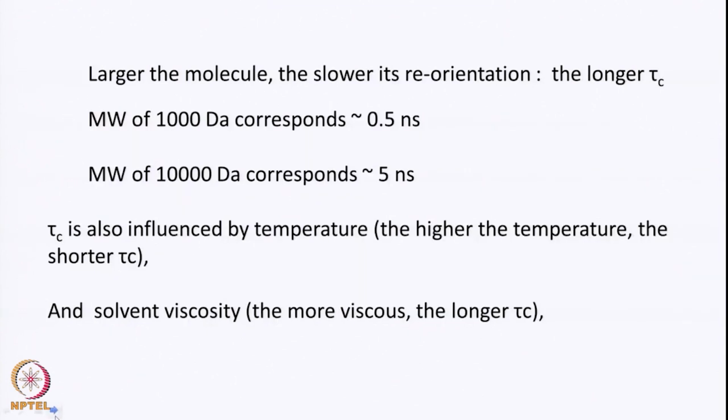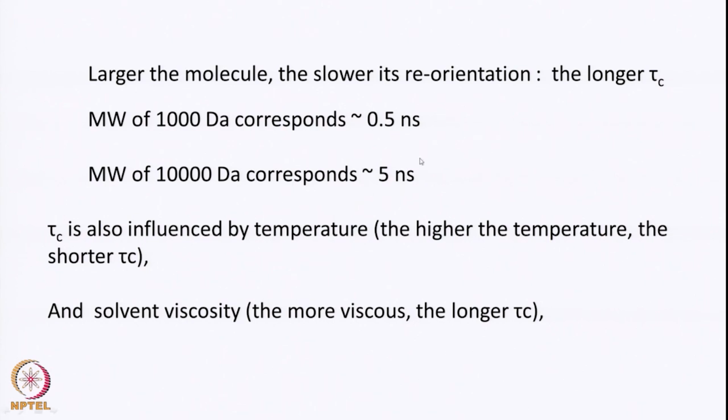So, we give some values for this rotation. A larger molecule generally has a slow reorientation time, therefore a longer tau c. Say a molecular weight of 1 kilodalton will correspond typically to about 0.5 nanosecond. If the molecular size increases, say to 10,000 Dalton, that is 10 kD, tau c will correspond to 5 nanoseconds.